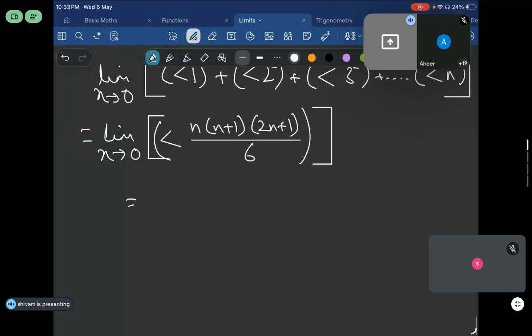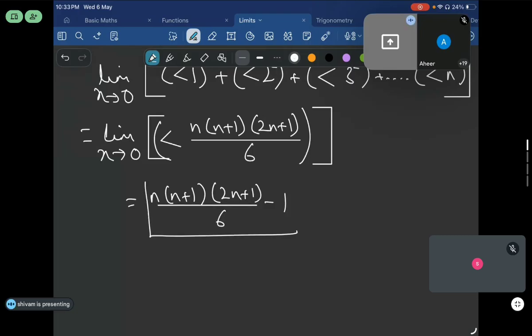When you apply the limit, it will be n into n plus 1 into 2n plus 1 by 6 minus 1. Why minus 1? Because it will be on the left branch. Anyone having any doubt, you can ask me now.